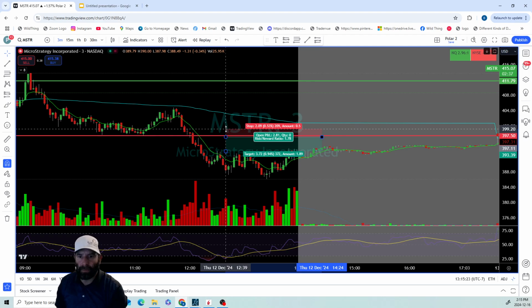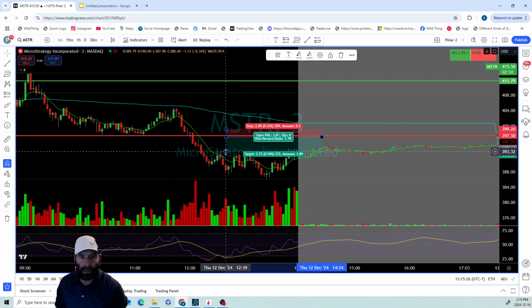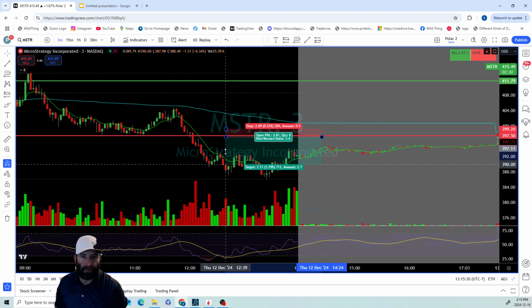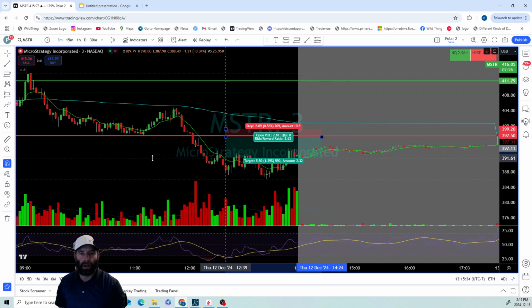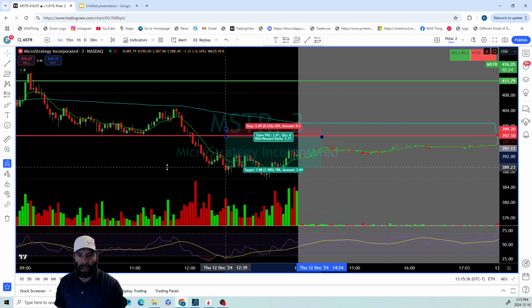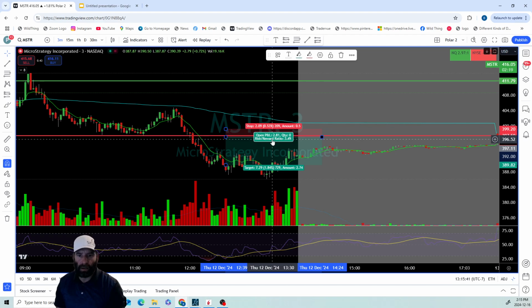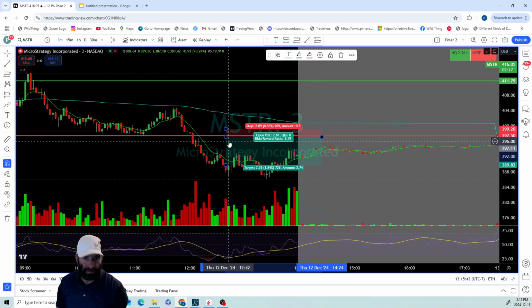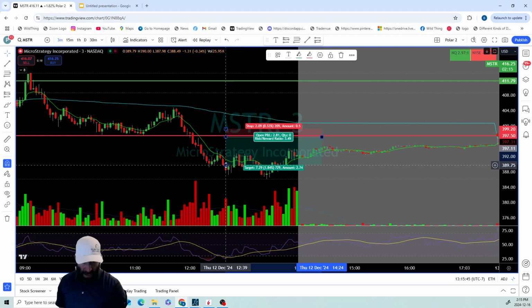We had our stop at 399. We got our 2-to-1 target on the initial 50%. We got a little bit more on a quarter of it, and we got maybe into the 3R range on the last quarter. So this trade ended up being about a 2.3, 2.5R trade.